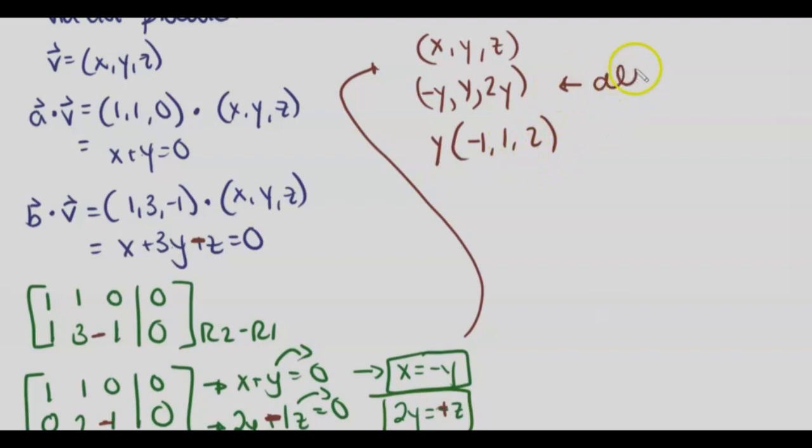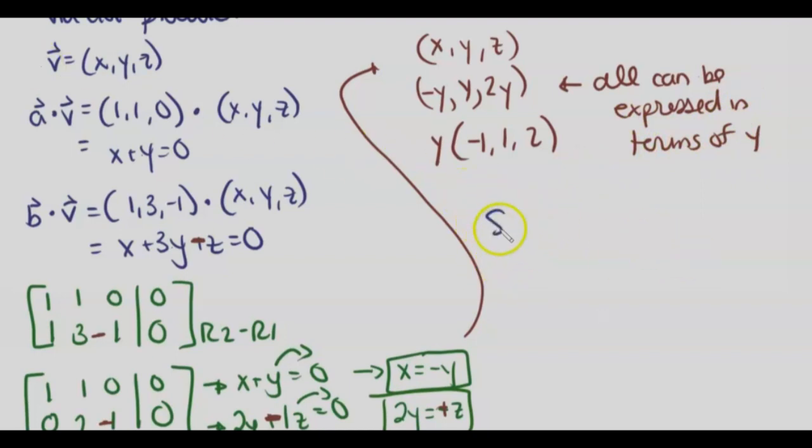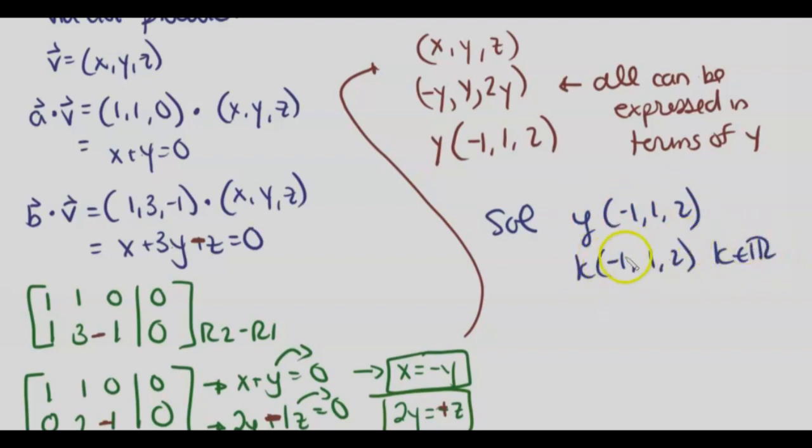So all can be expressed in terms of y. Let's write a conclusion. The solution is going to be y times negative 1, 1, 2, or simply k times negative 1, 1, 2, where k is an element of the real numbers.